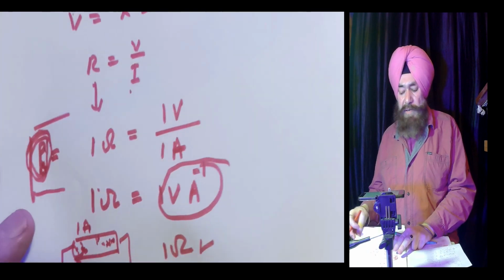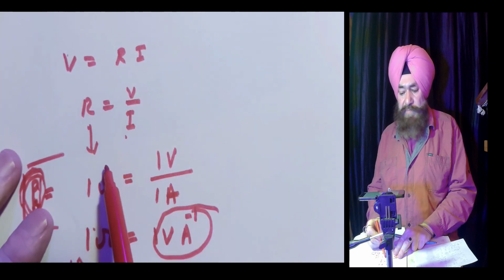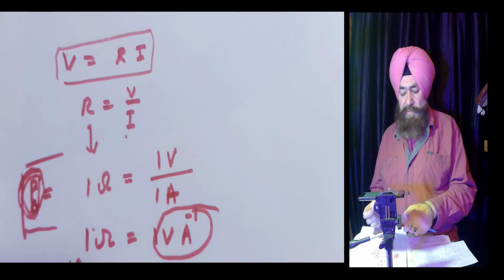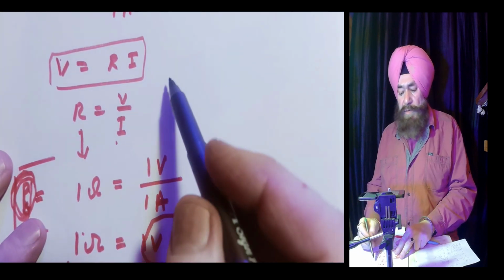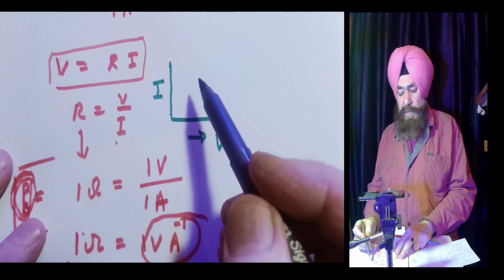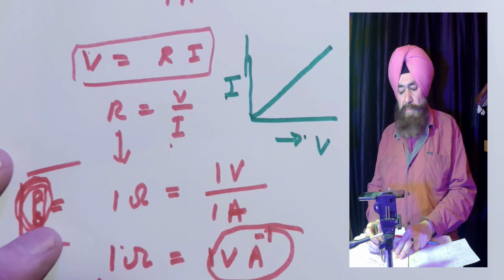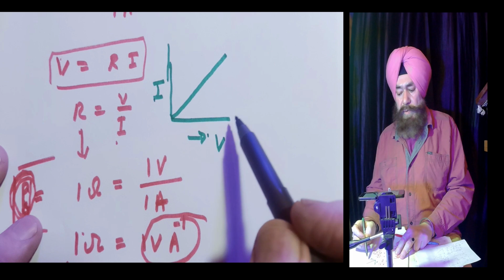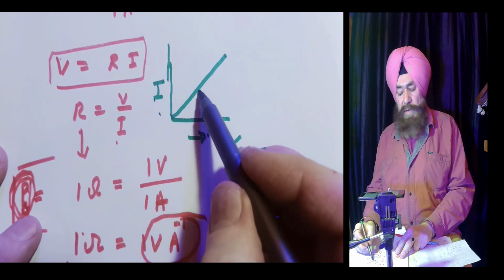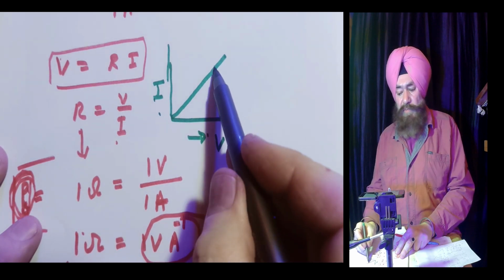Now one thing is again very, very important, because V equals RI. If you draw a graph between volt and current, the graph is exactly a straight line. If you draw a graph between V and I, then it will be a straight line. Now what is the slope of this line?